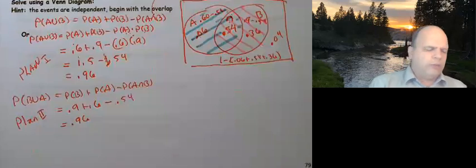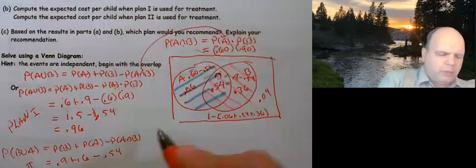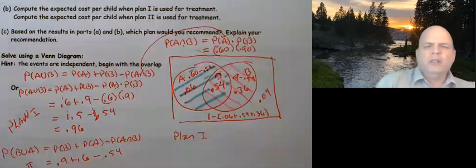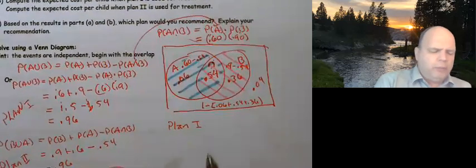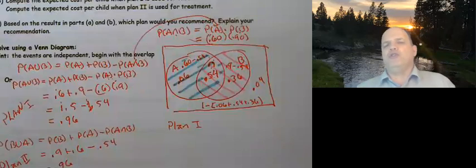But then when we go to look at the cost, actually this is true with both of these plans. Both of these plans, you're going to buy one drug, and if it doesn't work, then you're going to have to buy two drugs.